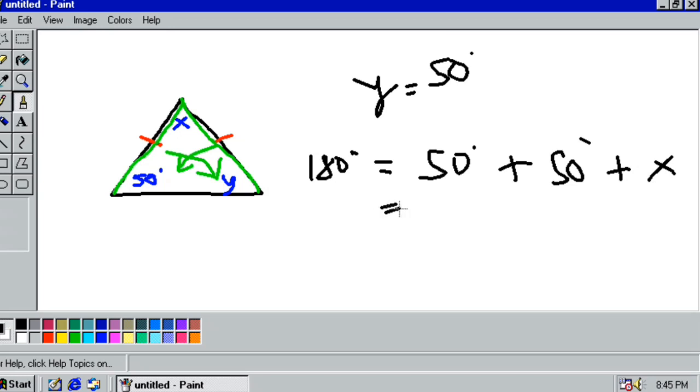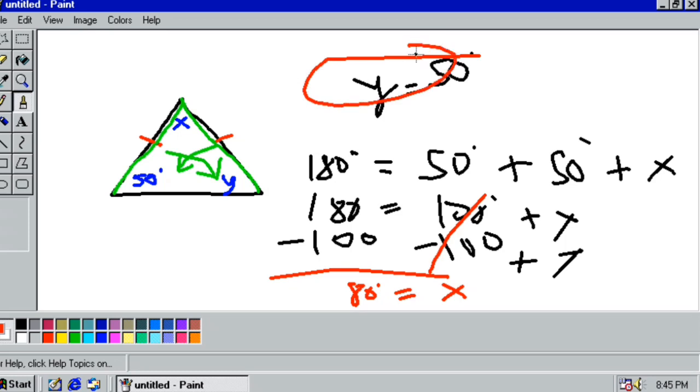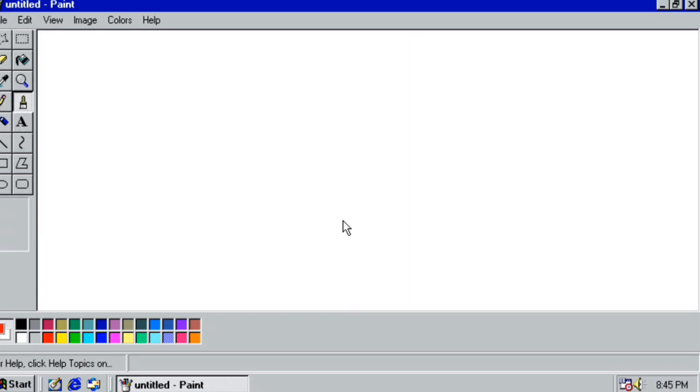Let's add the like terms: 100. 180, so we're going to subtract 100 from both sides. The 100 will cancel. We have x left on this side, and 180 minus 100 is 80 degrees. So this is the unknown: y is equal to 50, and x is 80.